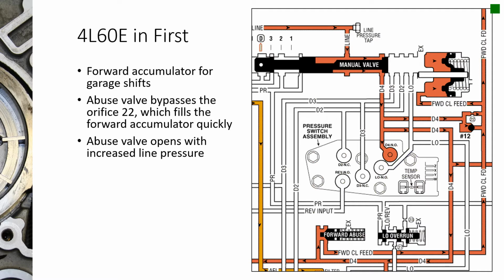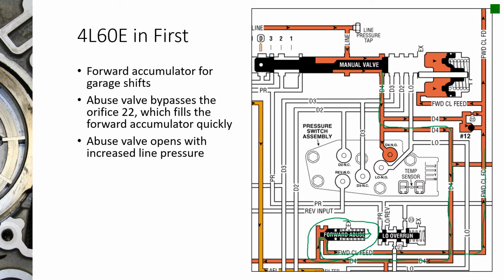So how they combat that is they added this valve called the forward abuse valve. And they did all this actually back in 1986, 86 or 87, I think it was 86. So what happened now is when you shift it into drive, if you're on the gas and you're creating more line pressure, more than 100 psi, the fluid will actually push the forward abuse valve over to the right and allow it to enter this forward clutch feed circuit.